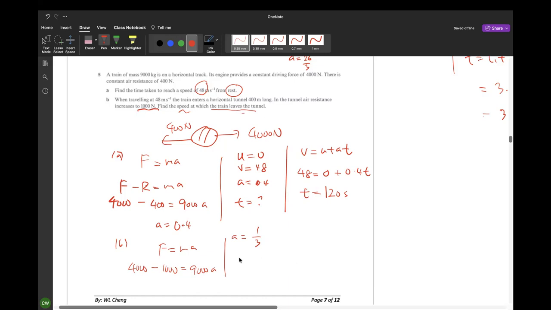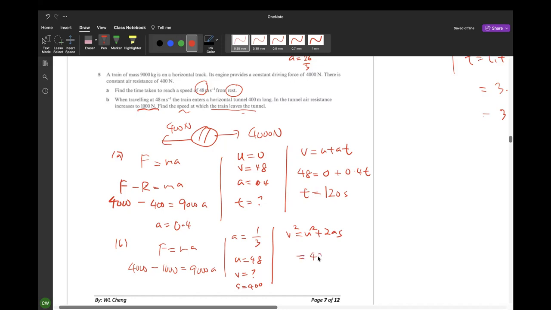What is the speed? Initial 48. Final we do not know. Distance is 400. So what formula? V square equals U square plus 2as. What is the final speed?